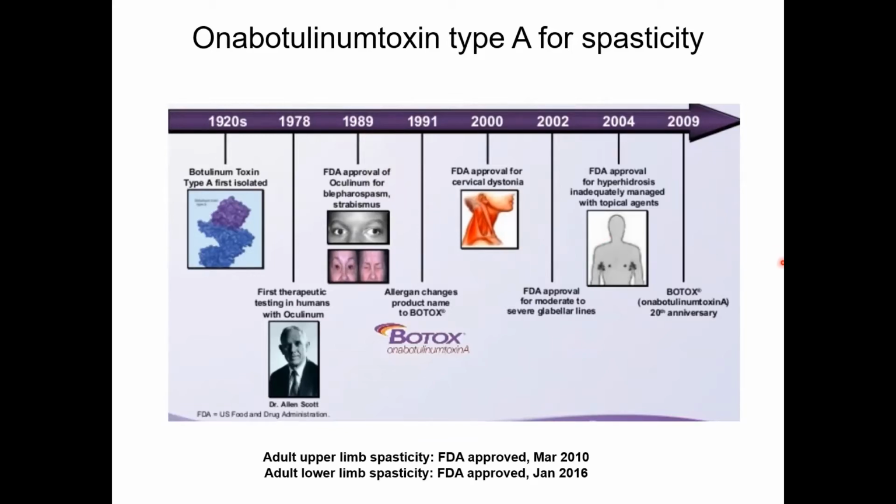As I know, the FDA approved botulinum toxin type A use for spasticity around 2010. And then for adult lower limb spasticity, the FDA approved Botox around 2016.